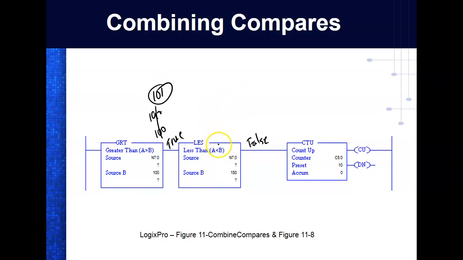Less than 100, 149. You're exactly right. So this will let any number between that range do what? Go through. So what we've done is we've set a range of numbers we can get through. Are we okay? Questions? We do this a lot.